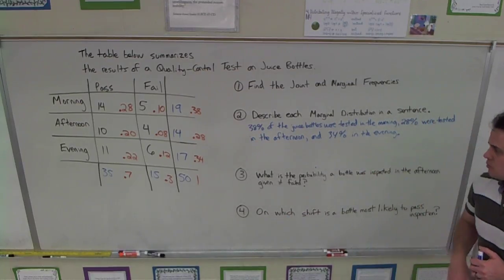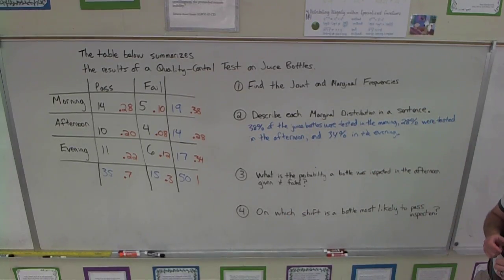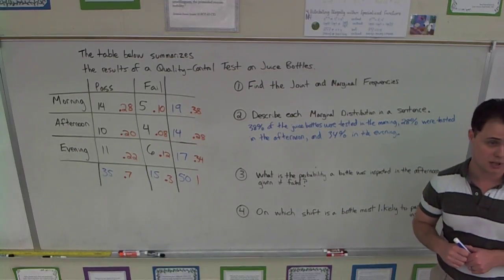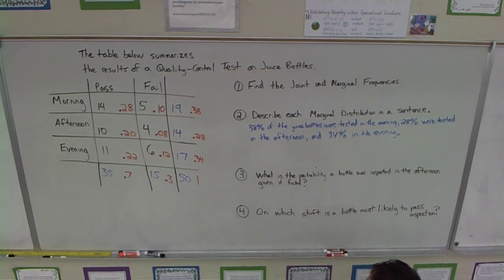Okay, next question. What's the probability a bottle was inspected in the afternoon given it failed that inspection? So anytime like this, you guys should be really writing these as symbols, and I'll be looking for that on quizzes and tests, okay? That's designed to help you, and you can't do more advanced problems without it, really, or it makes them a lot harder. So you should have said the probability and tried to describe your event. So we wanted the probability a bottle was inspected in the afternoon, given that it failed.